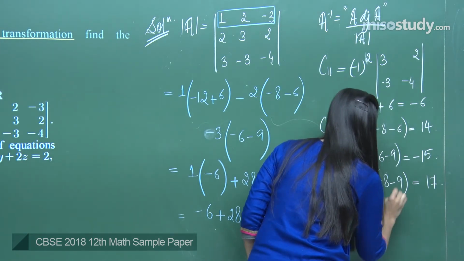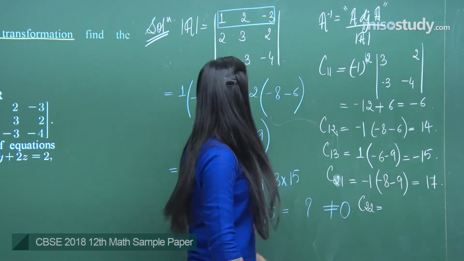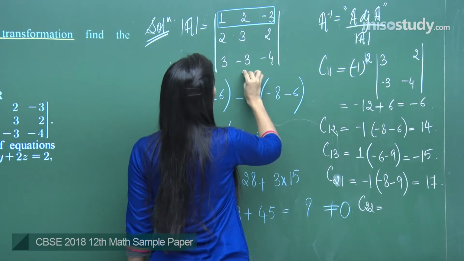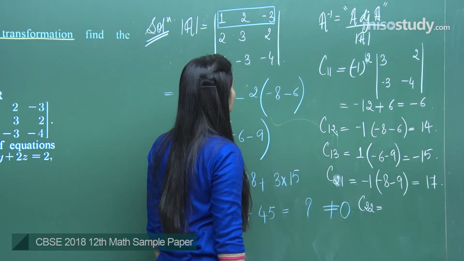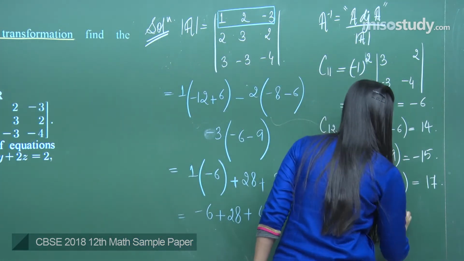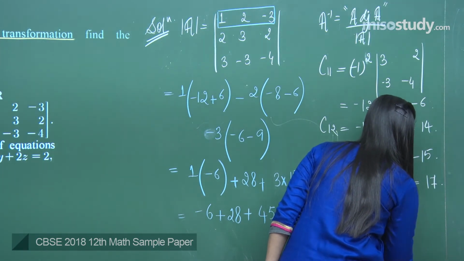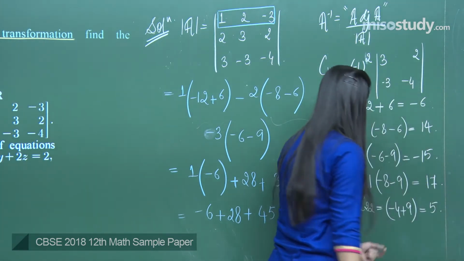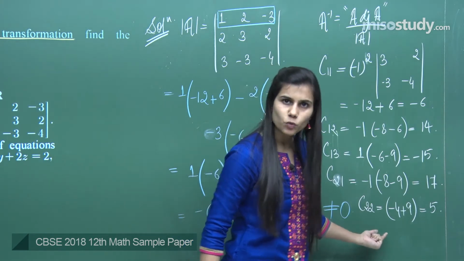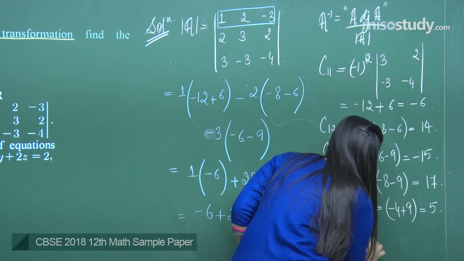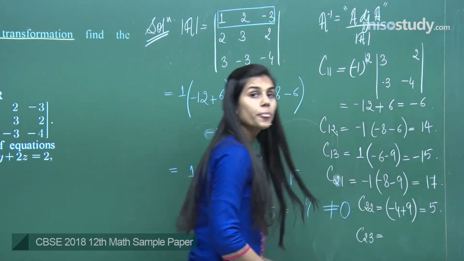What is C22? This is second row, second column. So you get 1 into minus 4, which is minus 4 plus 9, which makes it 5, because minus 1 to the power 4 is 1. Next you have C23, second row, third column.